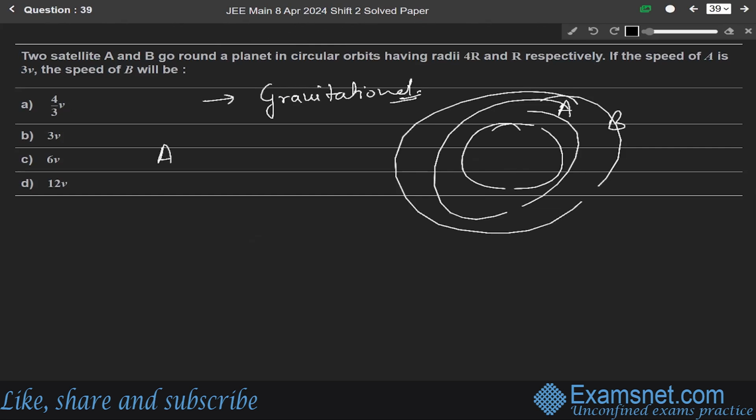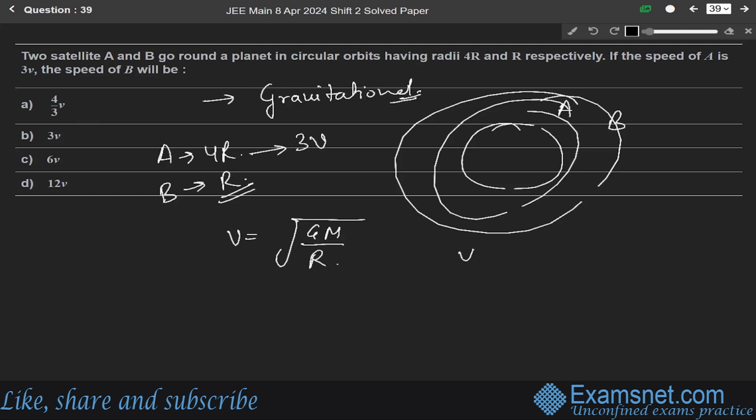The radius of A is given as 4r and the radius of B is r. So if the speed of A is given as 3v, we know that v equals under root GM over r, the very basic formula.